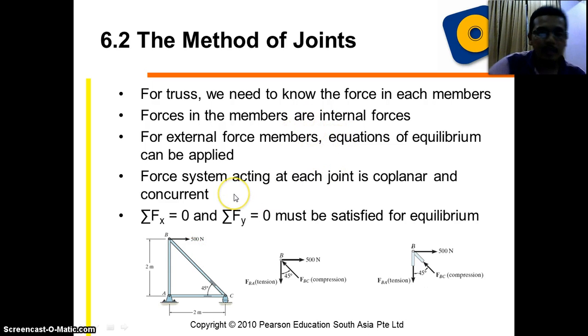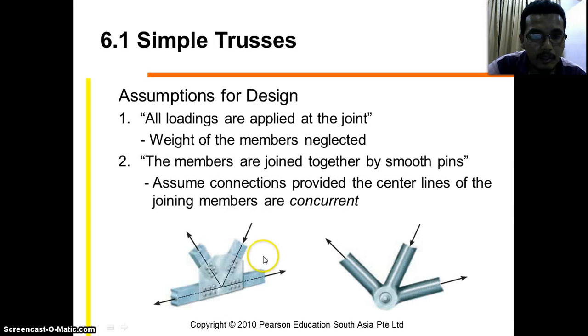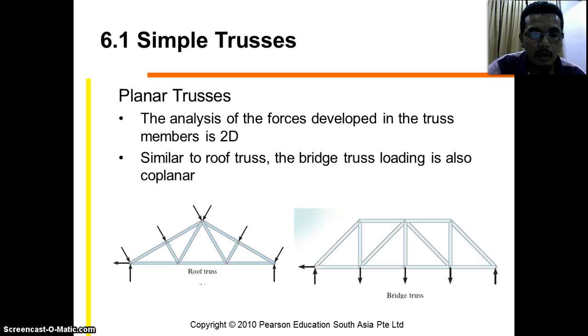Okay. The force system acting at each joint is coplanar and concurrent. Coplanar means they have the two dimensions x and y, and concurrent means the forces act together at one point. We are assuming our truss, or our roof or bridge, for example, is in equilibrium.